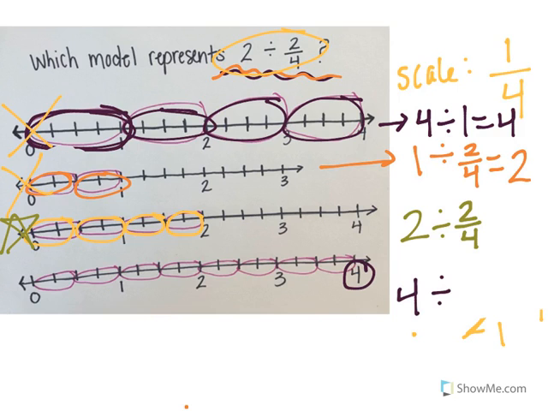And I need to find my group size. Again, I see my group size is 2/4. But when I ask myself, does this match the expression we started with? No, it does not because it has a dividend of 4 and not 2. So which model represents 2 divided by 2/4? It is this third number line.